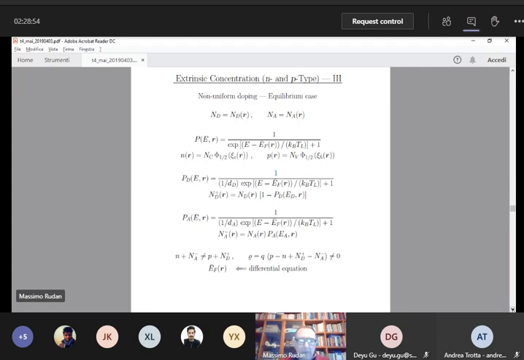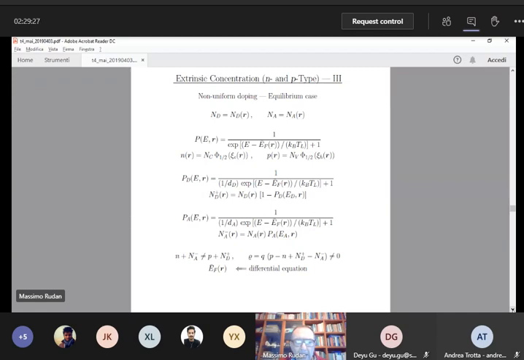From the formal point of view, there is little change actually, because assume that the concentration of the donor atoms is some function that depends on position. Of course, this function is known to us because we manufacture the semiconductor device, okay?